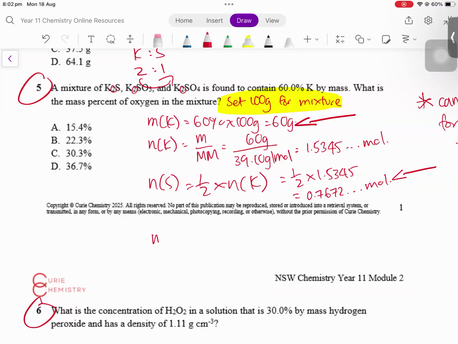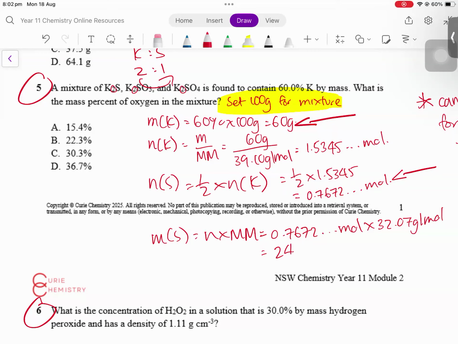So mass of sulfur, moles times molar mass, 0.7672 mole times sulfur in your periodic table, 32.07 grams per mole. So what's the mass of sulfur in all of this? 24.60.